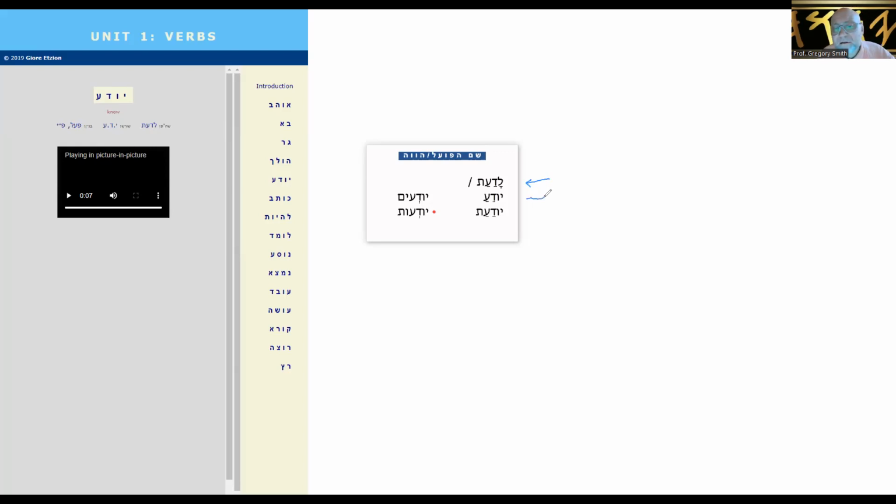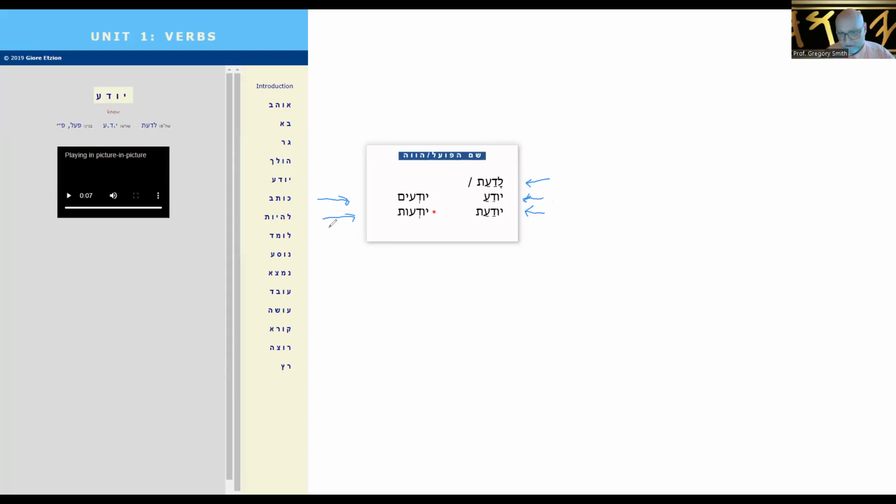Now to know, lada'at, right there. Now, if you were to say he knows, and I think the binyan is pa'al, it's like in the present. I think it's the present, if I'm not mistaken here. Yodea is like he knows. Yodaat is like she knows. Over here, Yodaim, it'd be like either they know or we know, but it's going to be masculine plural. And then over here, Yodaot, it would be they know or we know, but it's all women.